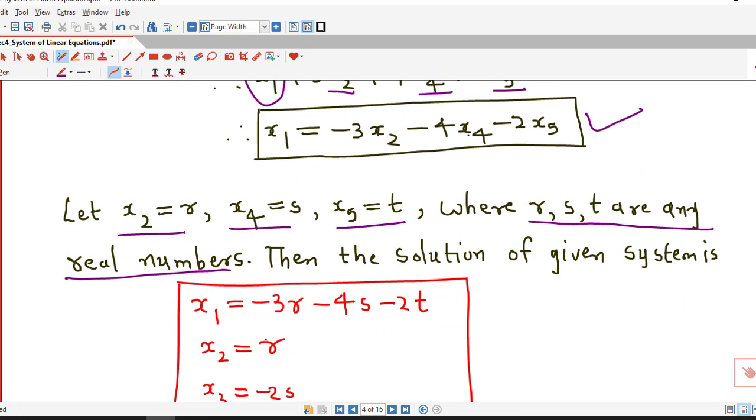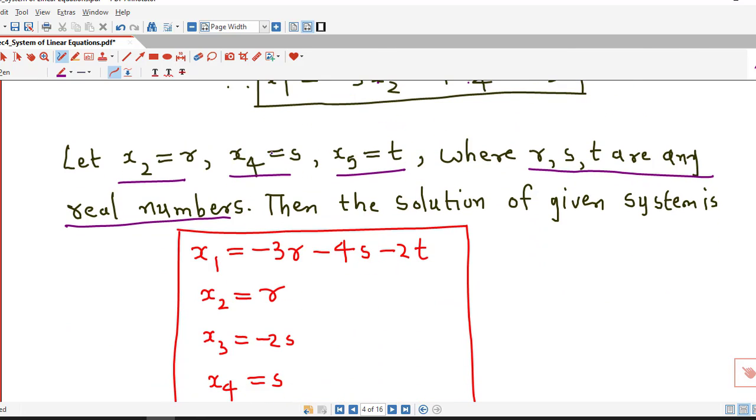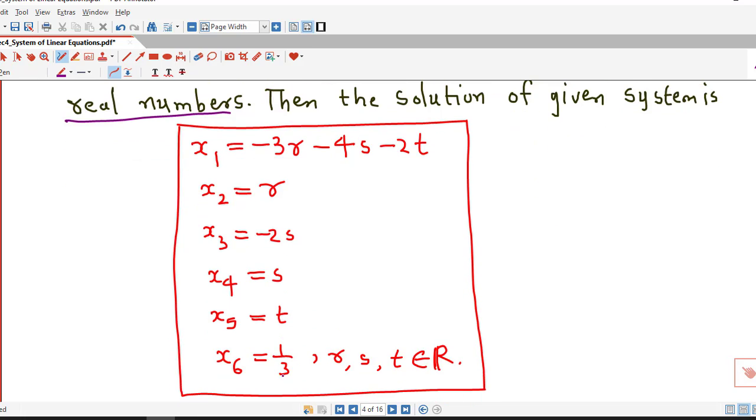The value of x2 is r, x3 is minus 2x4, so minus 2 into s. x4 is a free variable, its value is s, x5 is t, and the value of x6 is 1 by 3. Here r, s, t are any real numbers. For different values of r, s and t, we will have different values of x1, x2 up to x6.